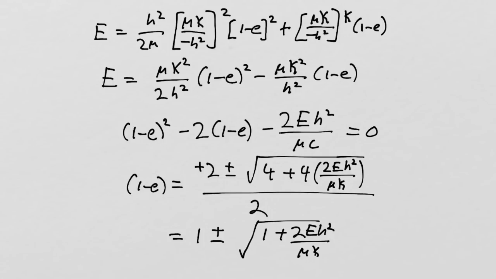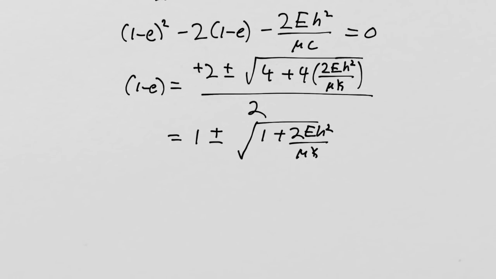And therefore, with that, you subtract 1 from both sides. What do we do? We end up with e equals the square root of 1 plus 2Eh squared over mu kappa.